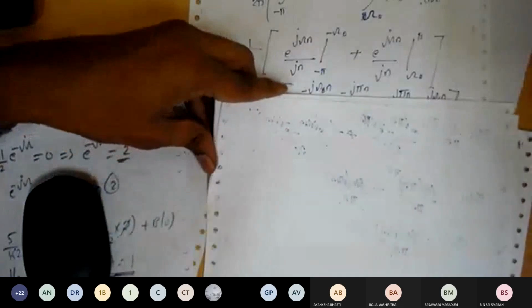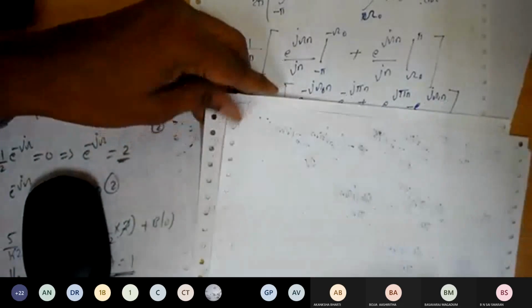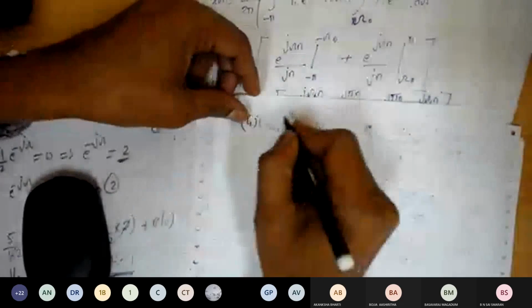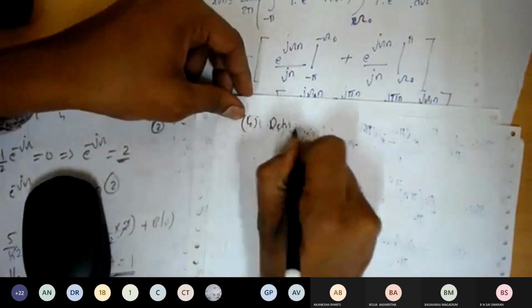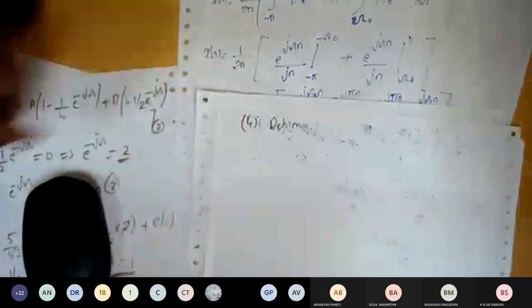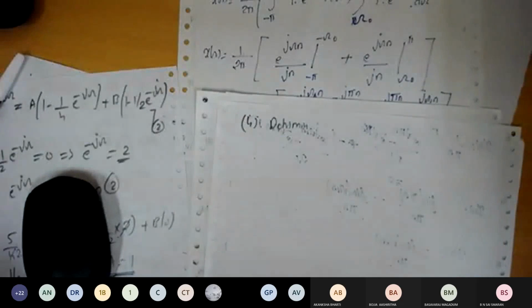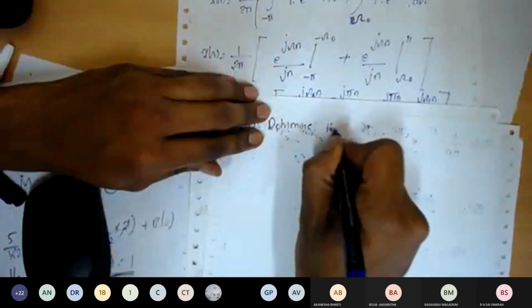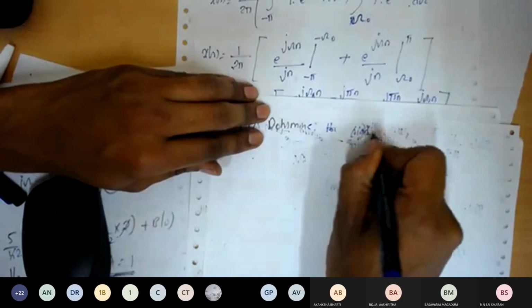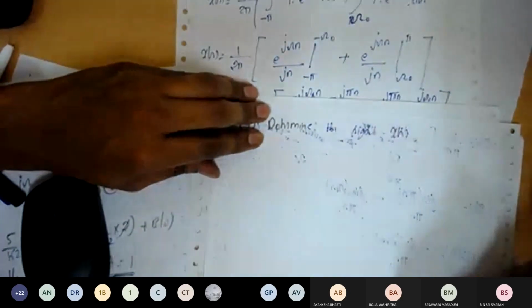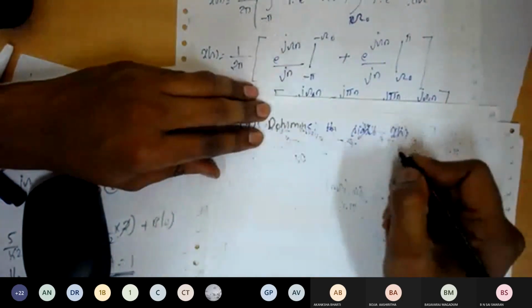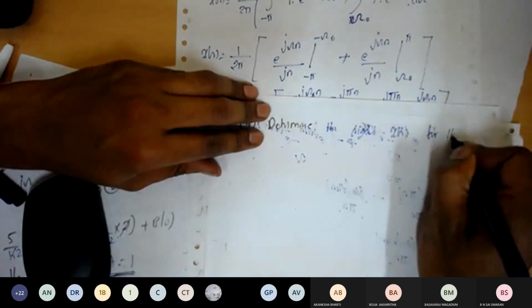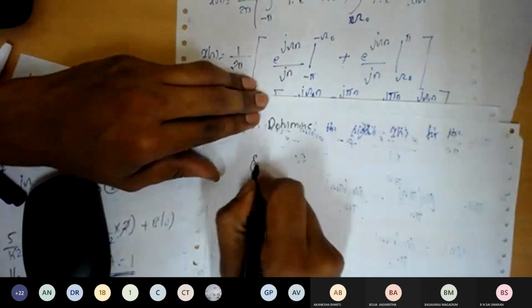Take problem number 4. Determine the signal x of n for the spectrum shown in the figure below.